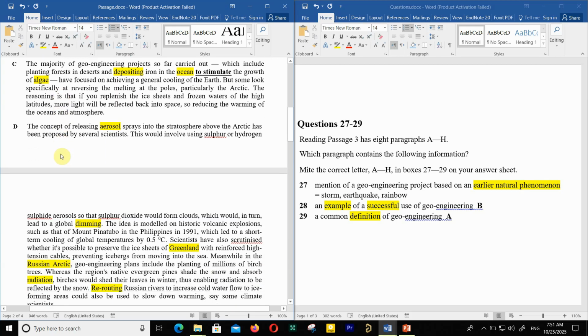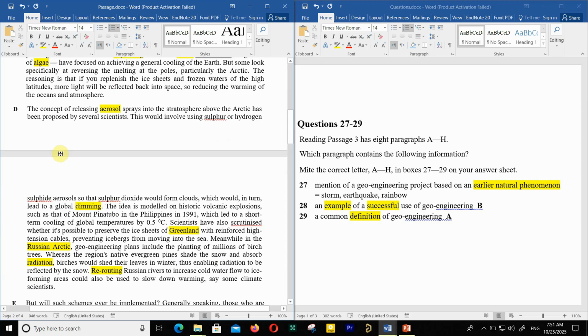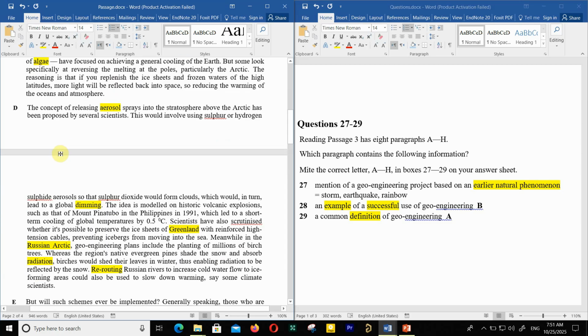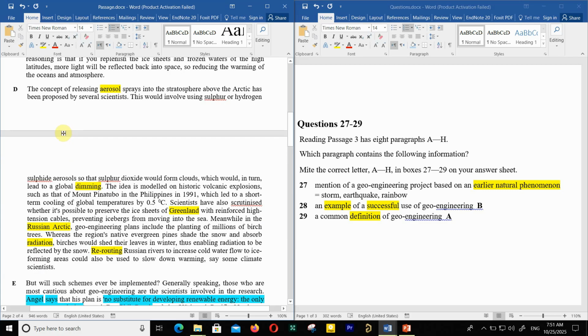This is probably for somebody who likes to get 9 out of 9 in reading, and this is the hard one actually. But where can we find this? Where is it? Global, I already read that. Global dimming, I don't know. And here, historic volcanic explosion. This is the hard one to look for actually. This is not an easy one to answer, but this is the answer.